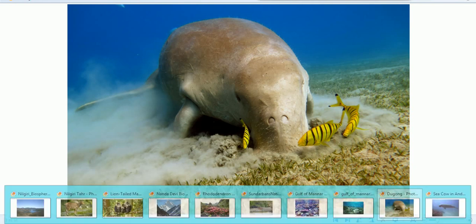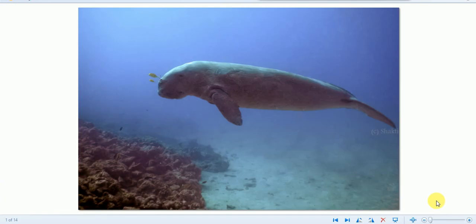We have another photograph of a sea cow, actually taken nearby the Andaman Islands, not from the Gulf of Mannar. This photograph has been shown just to show what a sea cow looks like.